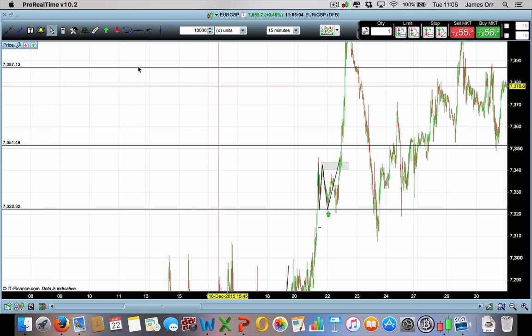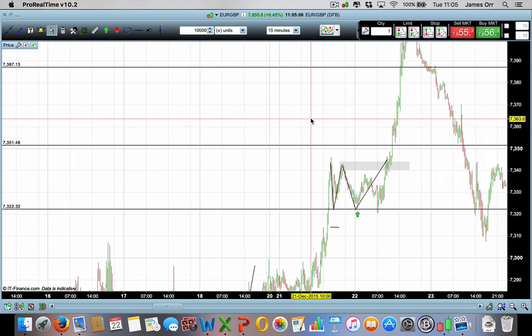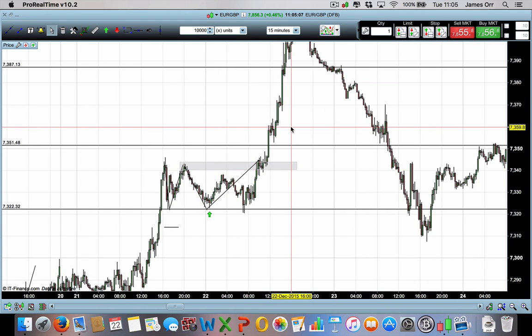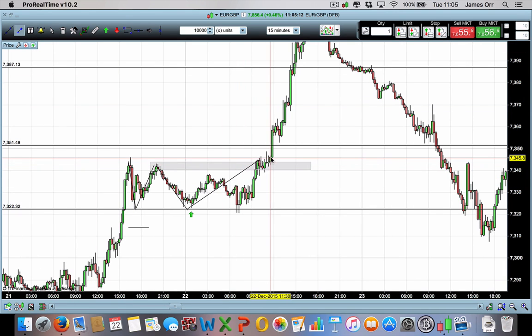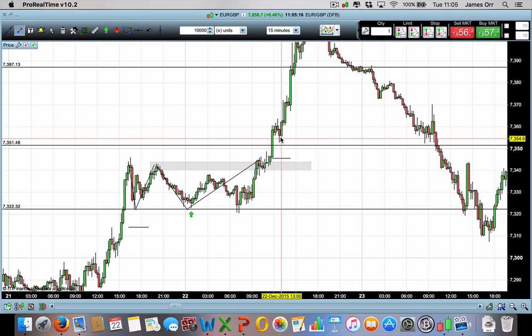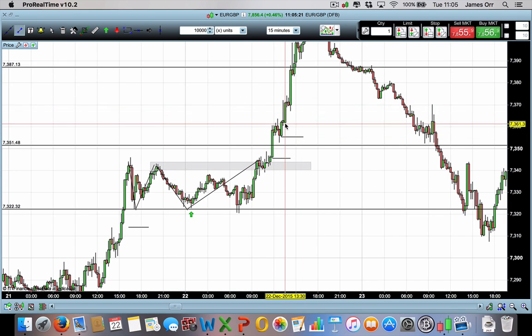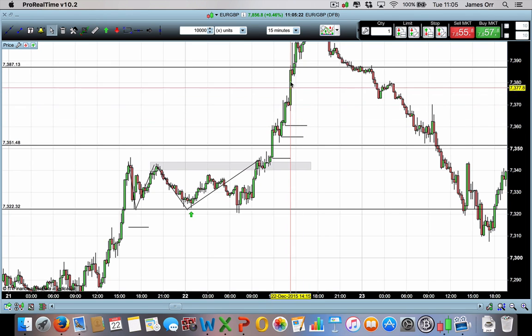We can't see any previous highs to the left here, so you just take your significant candles. Let me just mark them in as we go. You can see one right here, one right here, one right here, right here.